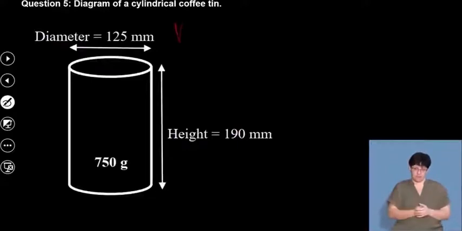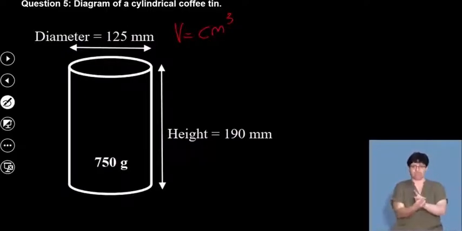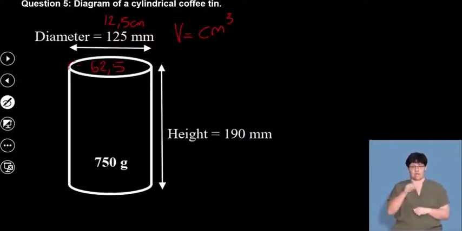So let's see what our volume is. We needed it in centimeters cubed. So the first thing I'm going to do is convert these into centimeters. And I'm going to show you why in the end. So the diameter is in millimeters, so now we're dividing by 10, so it's 12,5 centimeters. But remember, I need my radius, so that was 62,5 millimeters.